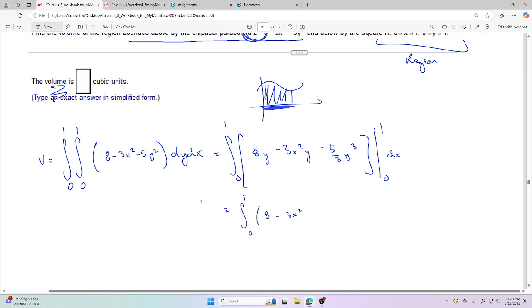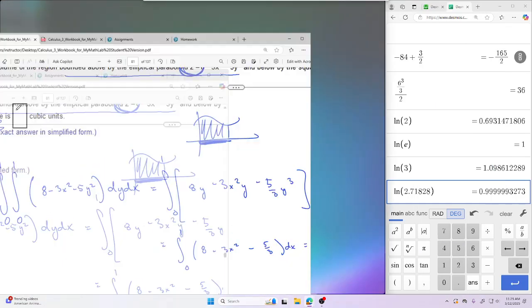Good. 0 cancels everything, so that's kind of nice. Integrate again. That would just end up a plain x cubed. Calculator, and we're done.